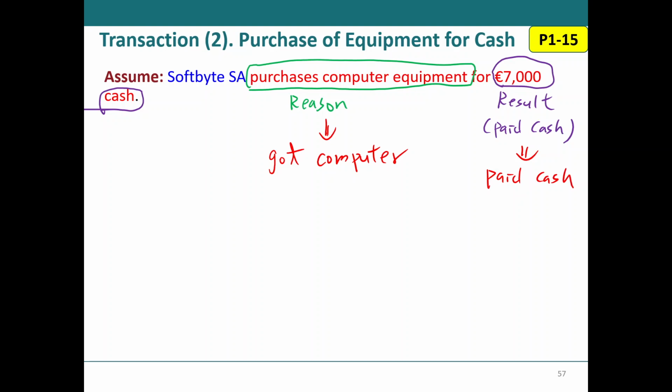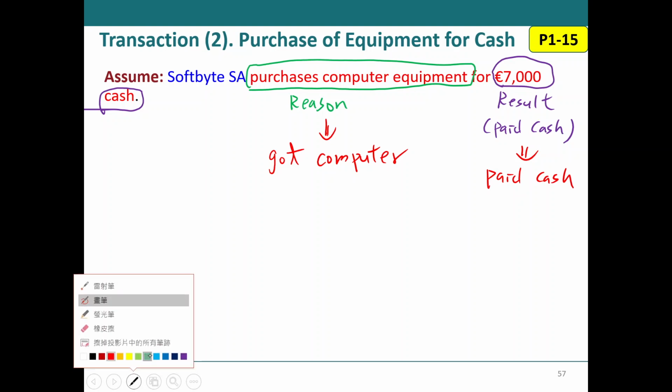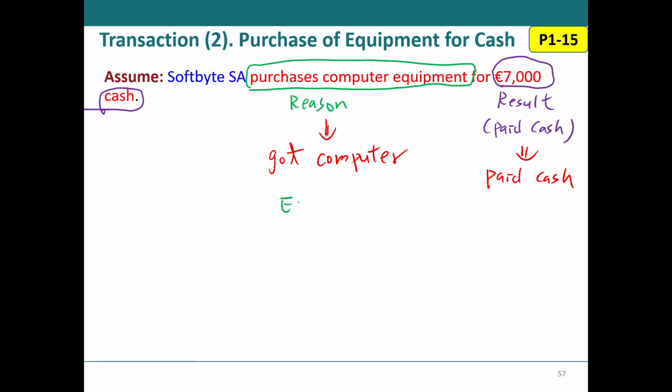You got the computer. Which accounting name do we use? It's told you already, equipment. So your equipment, you got a computer. Could you tell me whether your equipment increases or decreases?